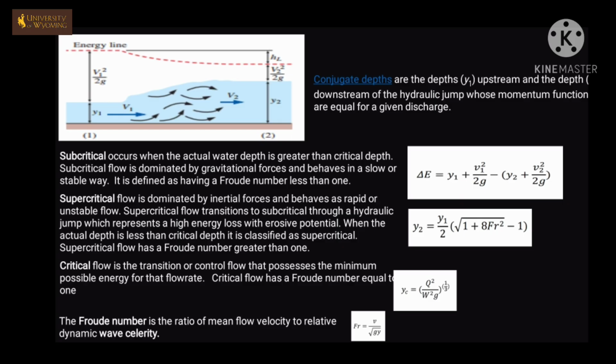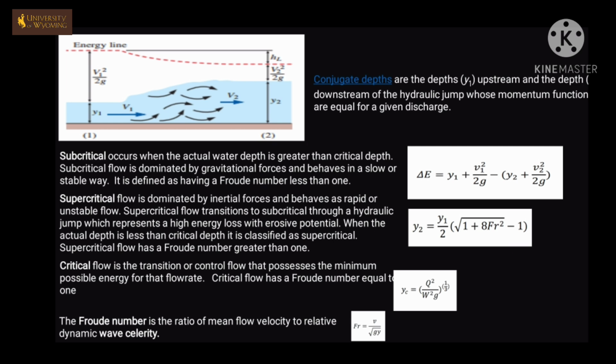Flow is said to be critical when the Froude number is 1, and the depth of the flow at which critical flow is occurring is given by the formula yc = (q² / (w² g))^(1/3), where q is the discharge rate, w is the width of the flume, and g is the acceleration due to gravity.